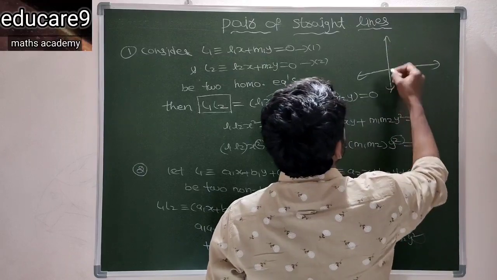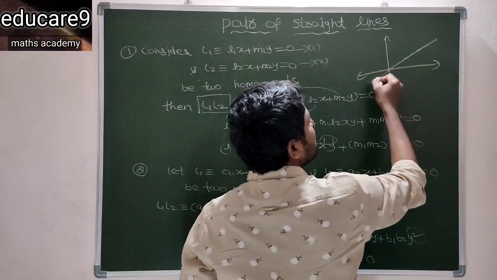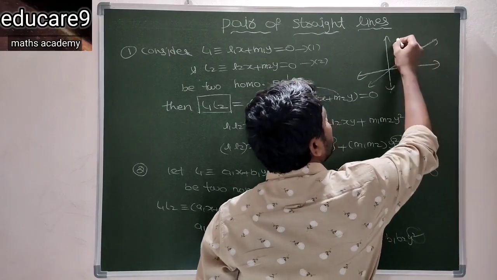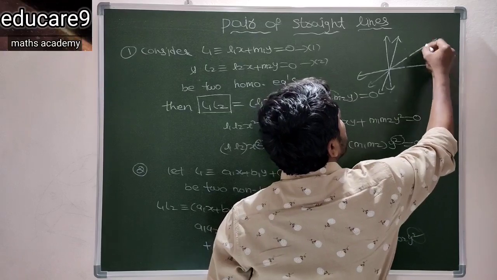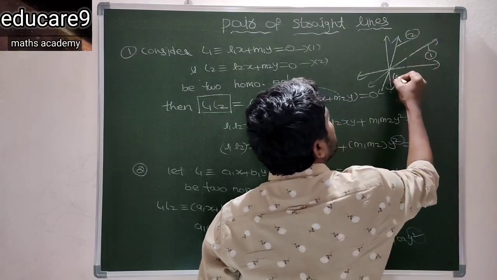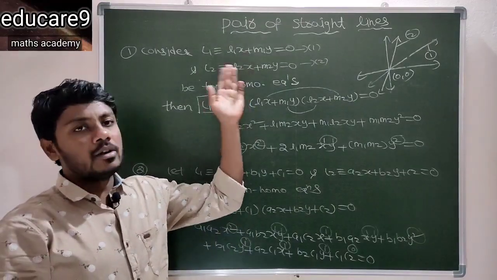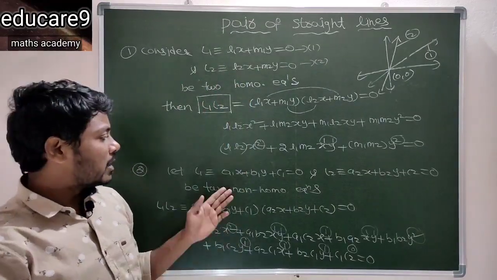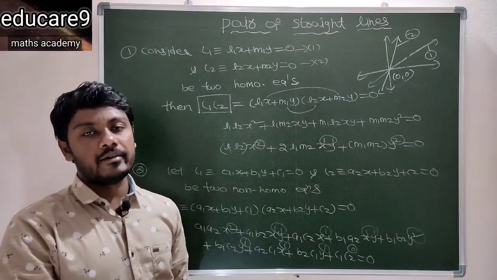See here, one is L1x plus M1y is equal to 0. This is one straight line, and this is another straight line. This is equation 1 and this is equation 2. This is passing through the origin because these two are homogeneous equations. But here these two are non-homogeneous equations, not passing through the origin.